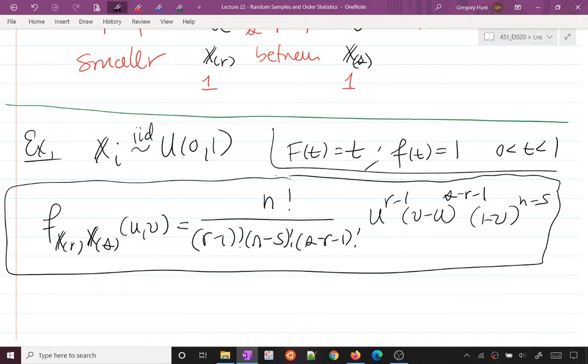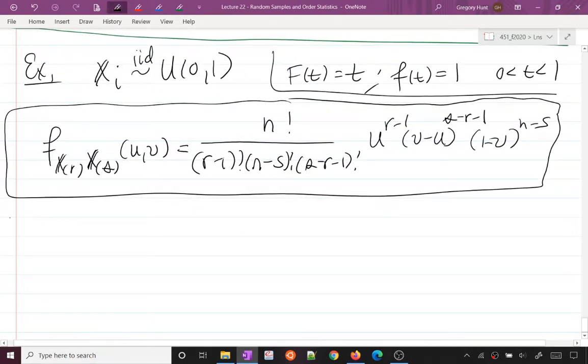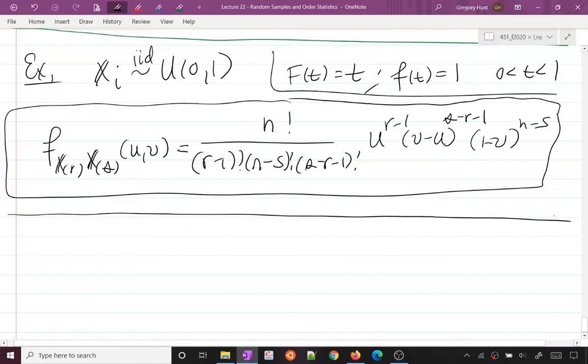So why might we want to look at the joint distribution of order statistics? Because there are some interesting statistics we can define looking at the joint, and we can get the distribution of these statistics using this joint. For example, I can look at a range. The range is the maximum minus the minimum.